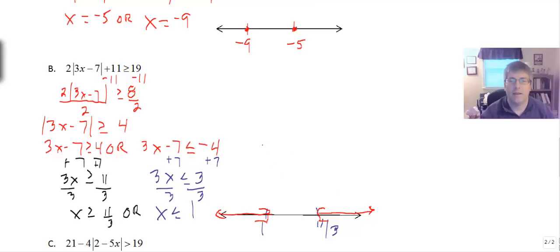And then finally, in interval notation, my final solution goes from negative infinity to 1, and I'm including 1, union with 11 thirds all the way to positive infinity. So that is our final solution.